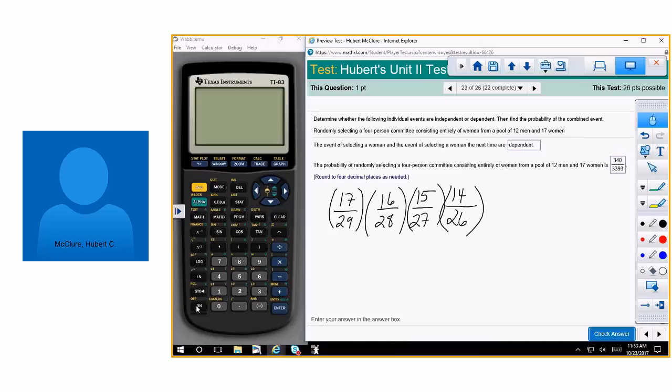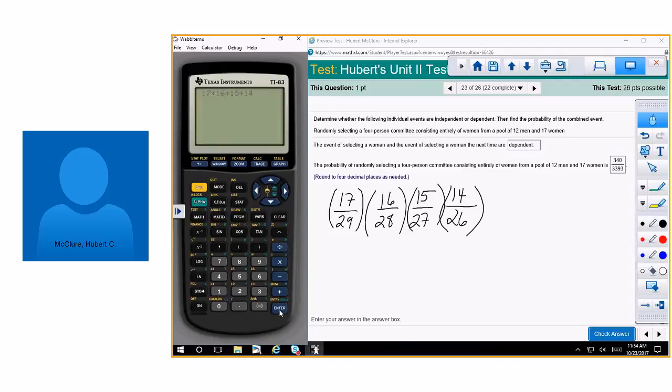Okay, Hubert, I'll do it. Appreciate y'all's help. 17 divided by 29 times 6. Well, that's not going to help me because I don't want a decimal. 17 times 16 times 15 times 14.